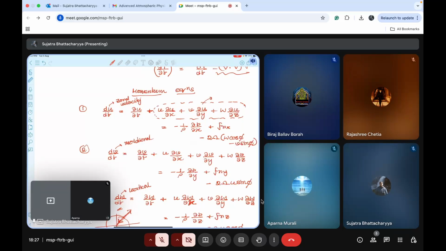But even so, these are non-linear, and non-linear equations are generally difficult to solve. We use numerical methods or spectral methods to solve them. But still, because of this very strong non-linearity in the atmosphere, it is very difficult to predict the weather.